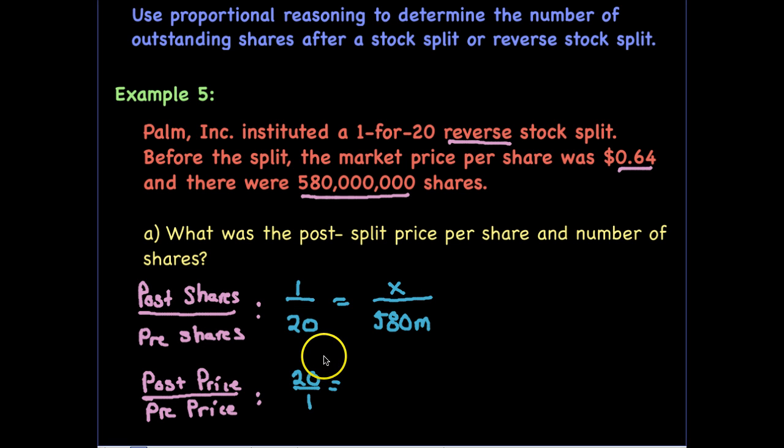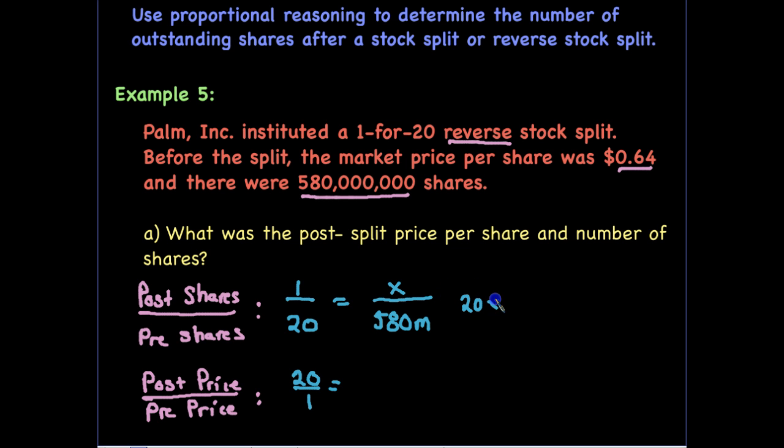All right, well hopefully you wrote down your ratios correctly. So our post shares are now only going to be 1. We're going to get 1 share for every 20 that we own. Remember, this is a reverse stock split. So there were 580 million shares to start with. That's our pre. What are we going to own afterwards?